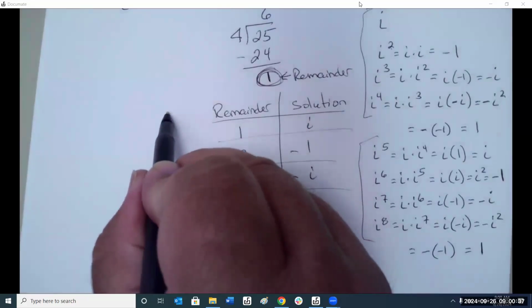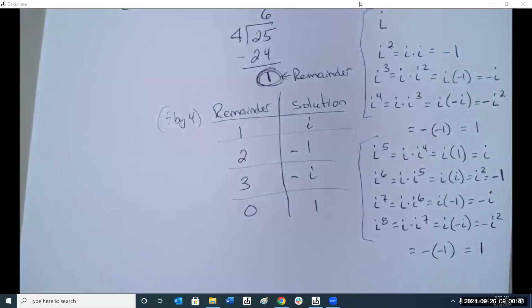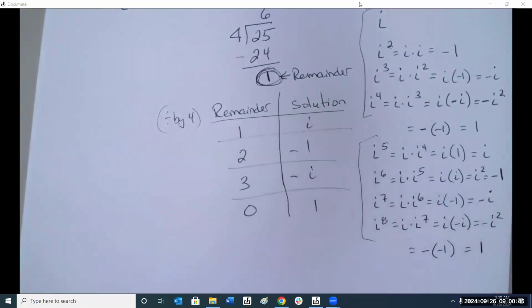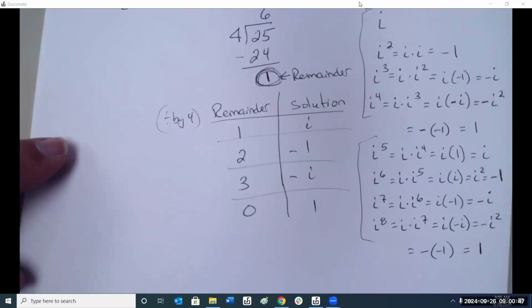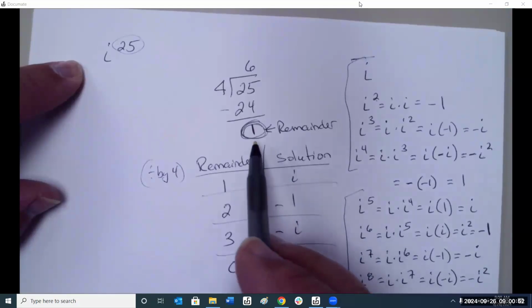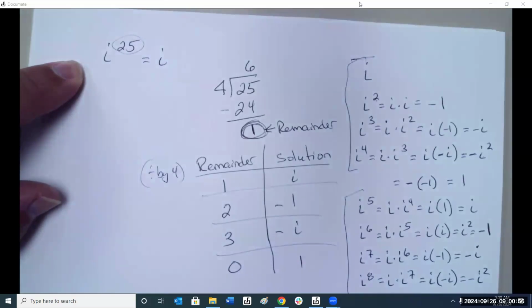So divide the number by 4. If the remainder is one of these, that's what the answer is. So for our example, i to the 25th, its remainder is 1. So this one can simplify into i.